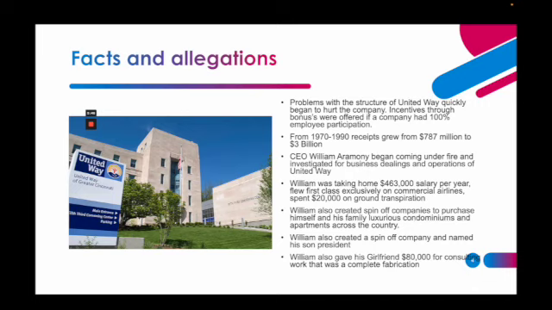Not only did he have an extremely high salary, William was also found to have created spin-off companies to purchase himself and his family members luxurious condominiums and apartments across the country.